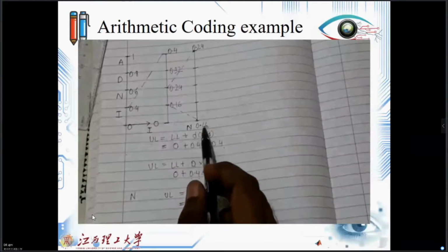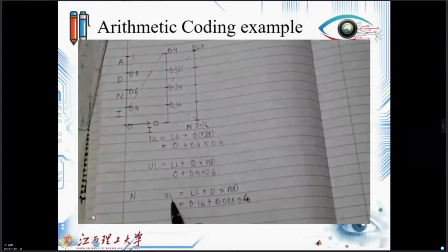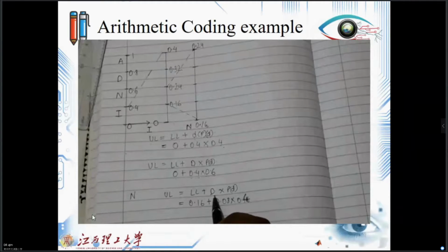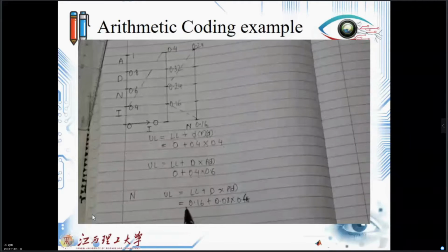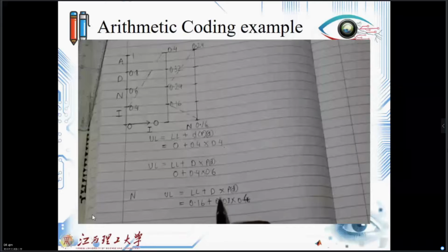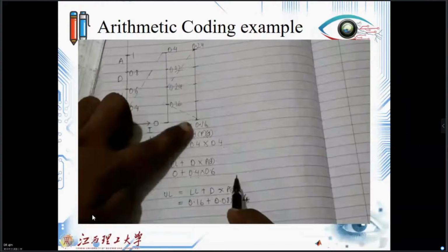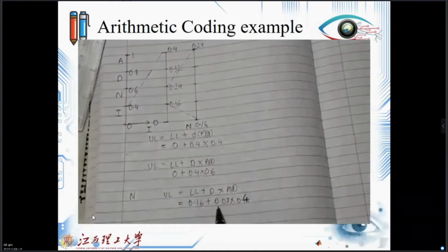You know the range. See the range of N. Again, we will calculate the lower level plus the difference multiplied by the probability. Then we have 0.16 plus 0.08 multiplied by 0.4, and we can calculate now.